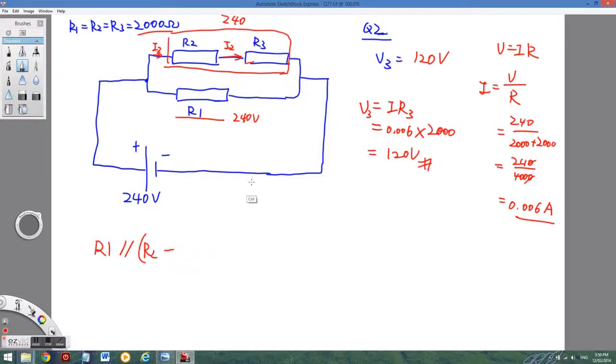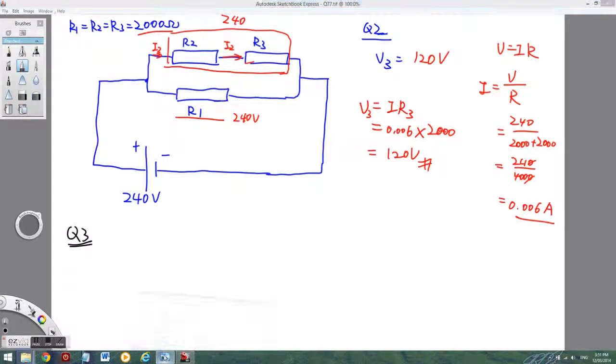Question 3 asks me to find out the power of the power source. So the power source is supplying power to R1, R2 and R3, three resistors.